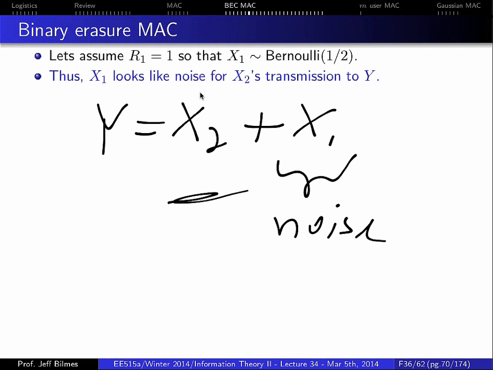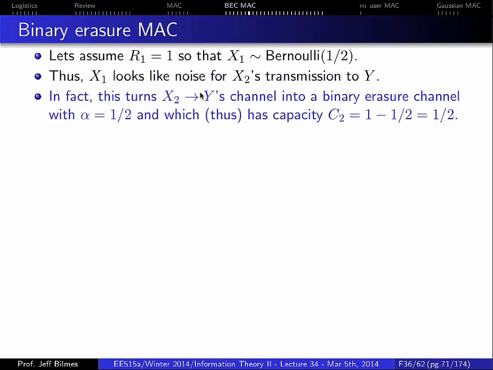Now, noise doesn't necessarily mean we can't communicate. One way of doing this is that X1 communicates at capacity, and X2 does nothing. But we're saying something different. We're saying maybe we can actually allow X2 to send some bits over to Y as well. And in fact, what it does, and this is where the binary eraser channel comes in, it turns the channel from X2 into Y into a binary eraser channel with alpha equal to 1/2.